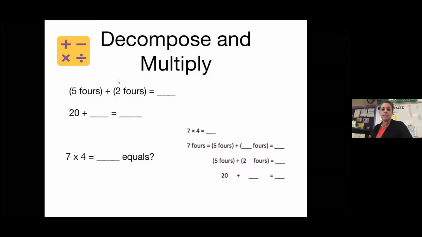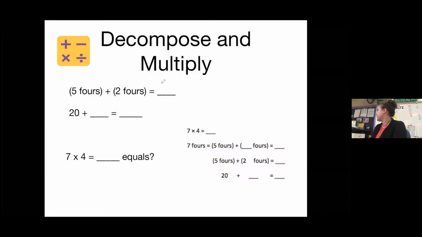Now this is kind of taking that same idea, but we're looking at it in the distributive property. The distributive property is using the break apart strategy to help us solve a bigger problem. So here they have 5 fours plus 2 fours.